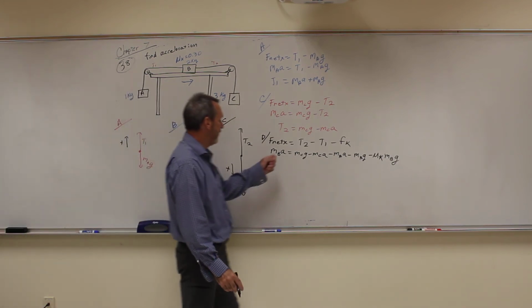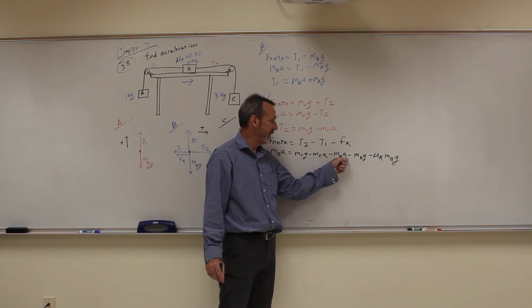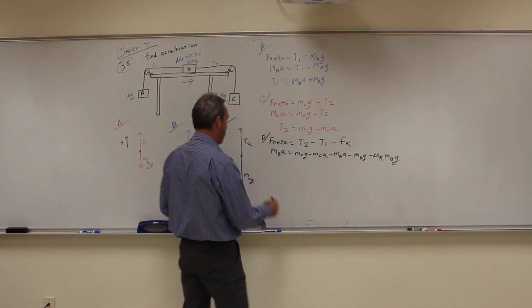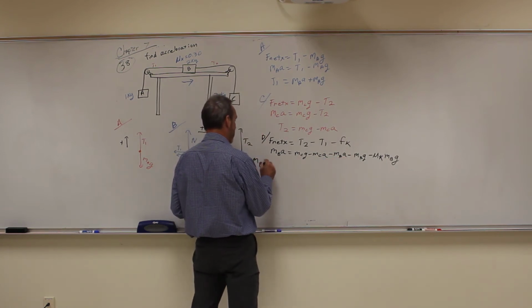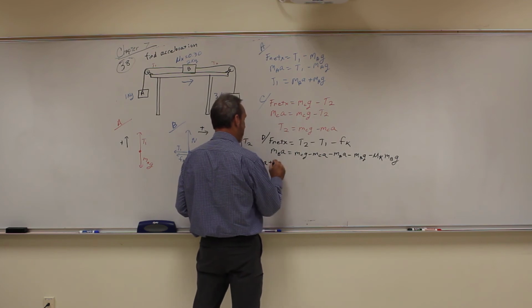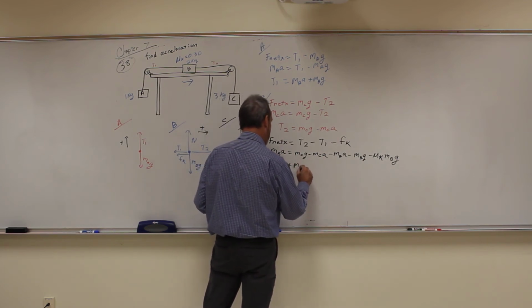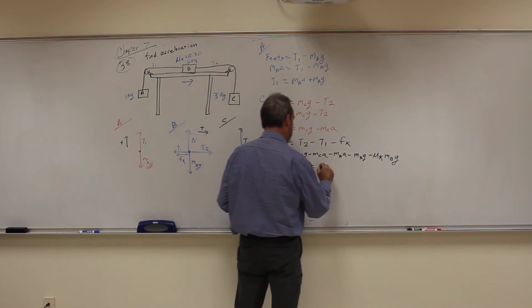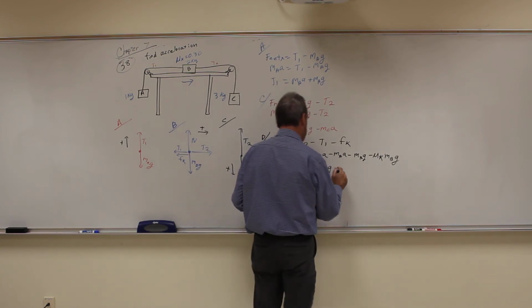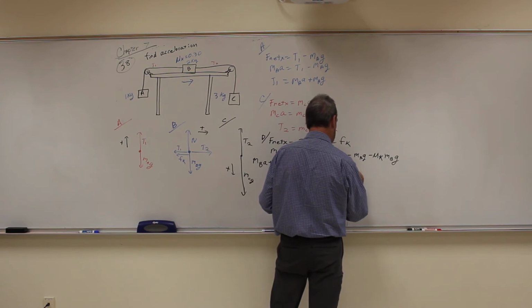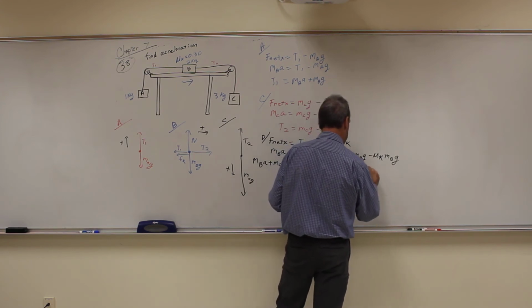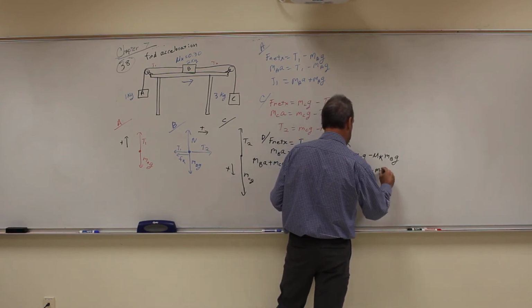Now I want the acceleration, but there's an acceleration term there, there, and there. So I have to move all those to this other side and then factor it out. So I have MBA plus MCA plus MAA is equal to MCG minus MAG minus mu sub K MBG.